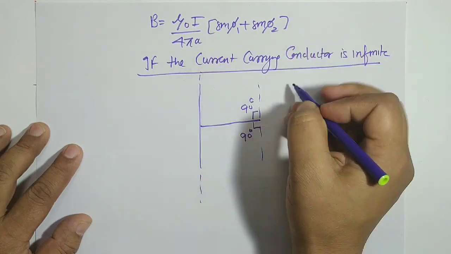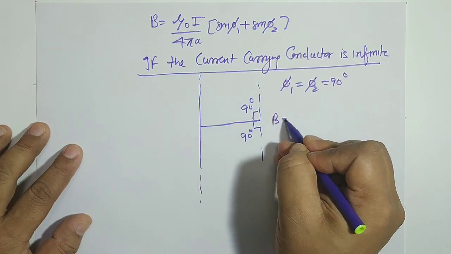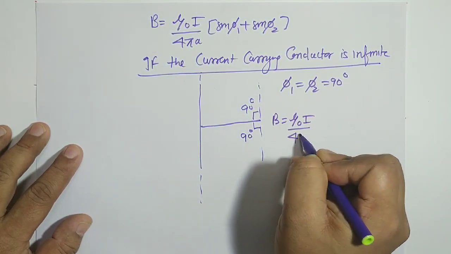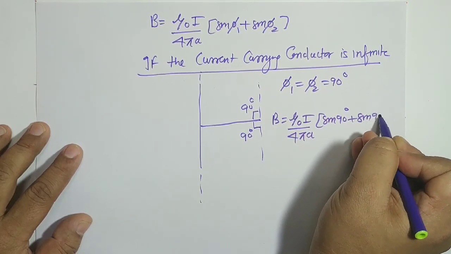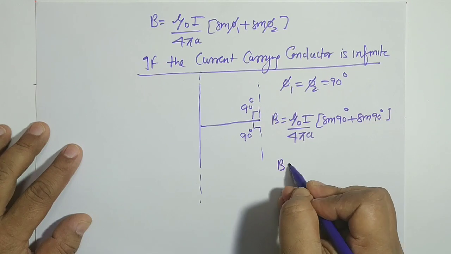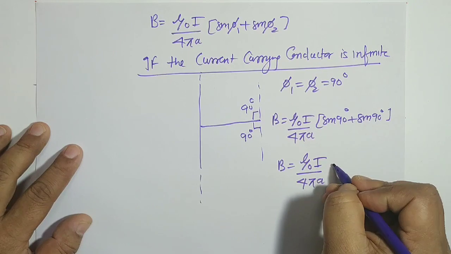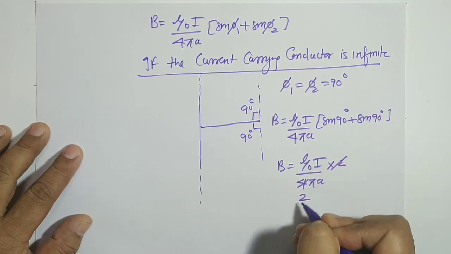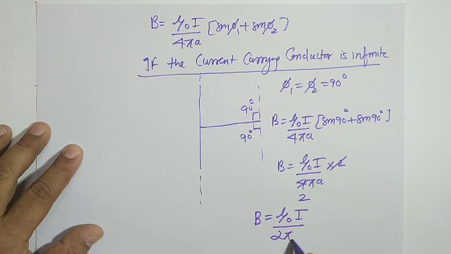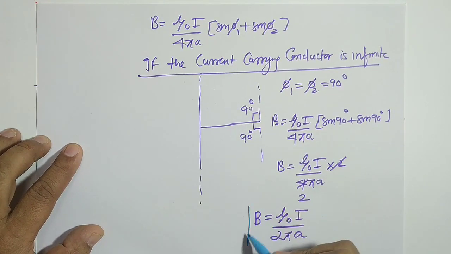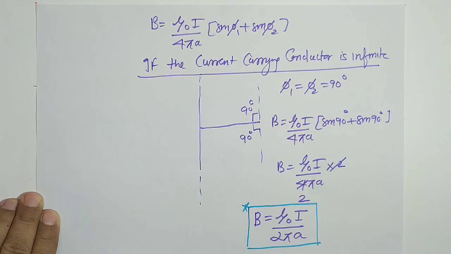So phi 1 and phi 2 become 90. You put it here: B is mu naught I by 4 pi A, sine 90 plus sine 90. I know that is 1 plus 1, which is 2, and 2 over 4 gives the final expression mu naught I by 2 pi A. Generally this is also used in numericals: mu naught I by 2 pi A, for an infinite current carrying conductor.